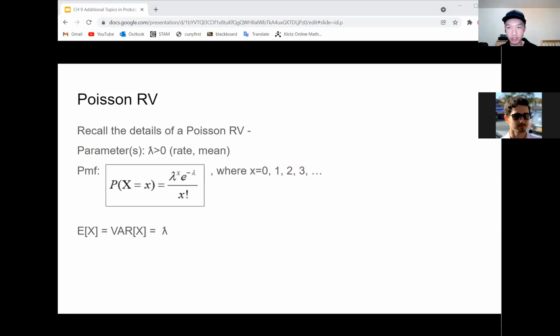Well, not exactly time. In fact, time would not be modeled by Poisson very well, because time is usually continuous, and Poisson random variables are not continuous. So time is not one of them, but what was one of them? Does anyone remember?